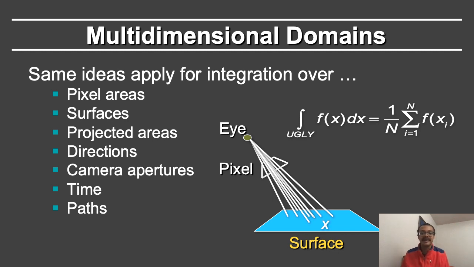I've called it ugly here, but it can involve pixel areas, surfaces, projected areas, angular directions, camera apertures, over the main lens of a camera, over time for motion blur, over the space of all integration paths. In fact, these domains also do not need to be regular. They may have fairly irregular shapes.